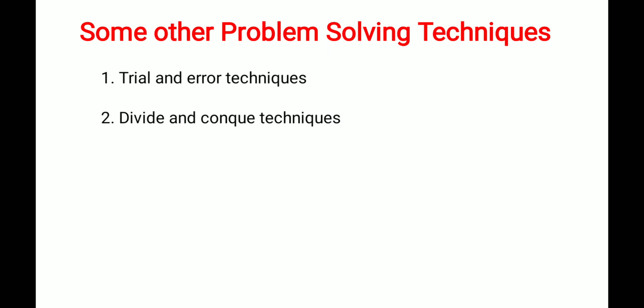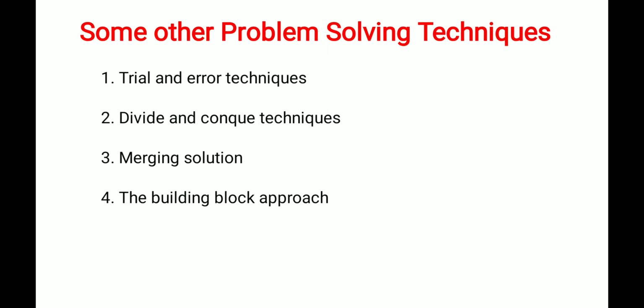That is the divide and conquer technique. Next one, merging the solutions. The idea behind this is: combine the existing solutions. Whatever existing solutions we have, we just combine and merge them into a single step. That is what we call merging the solutions.